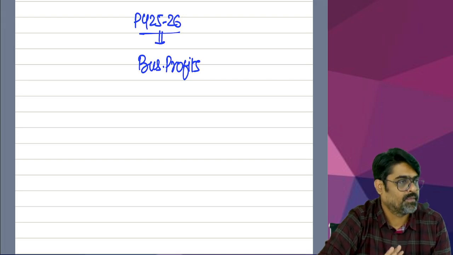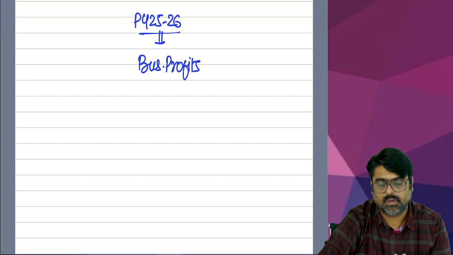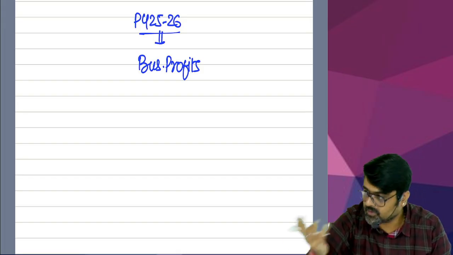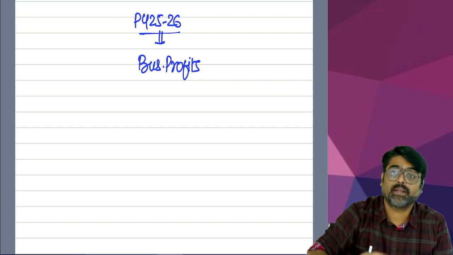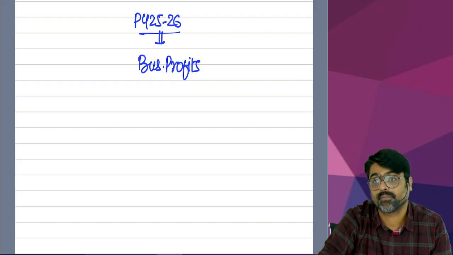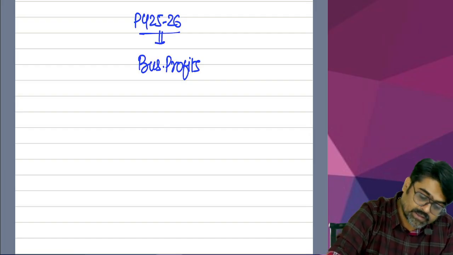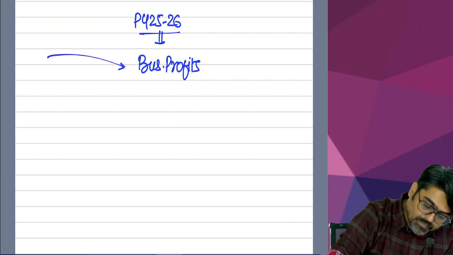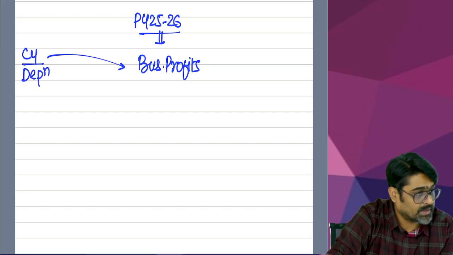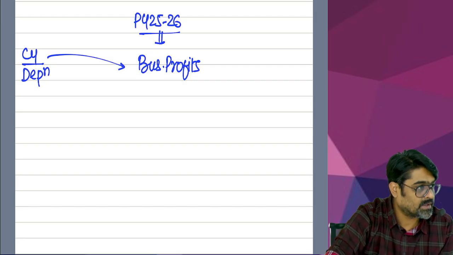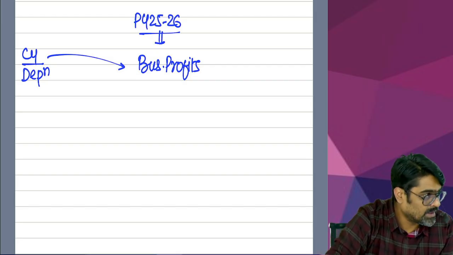Now if these business profits are there, then against these business profits, many things can be set off in this year. Against this, see, current year depreciation can also be set off. Current year depreciation is to be reduced, yes or no?